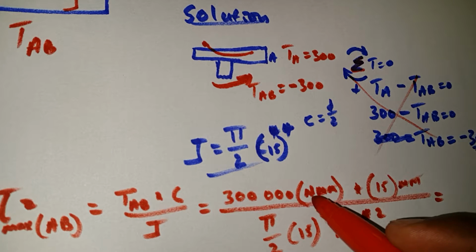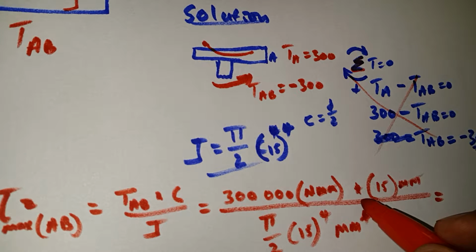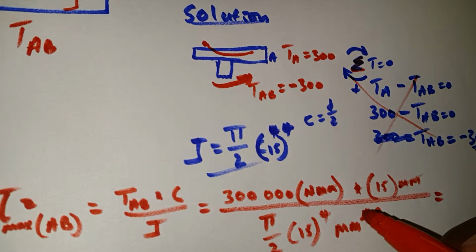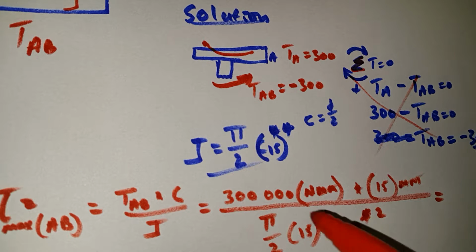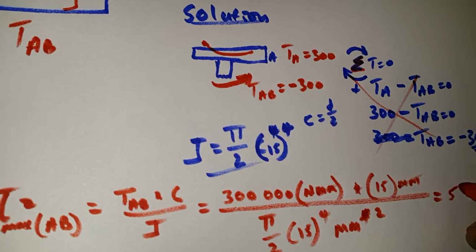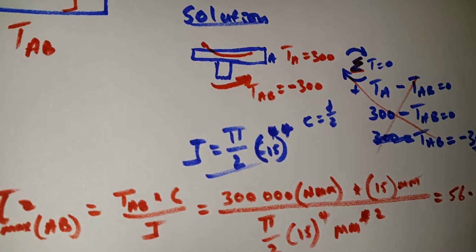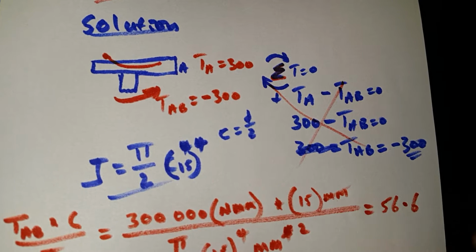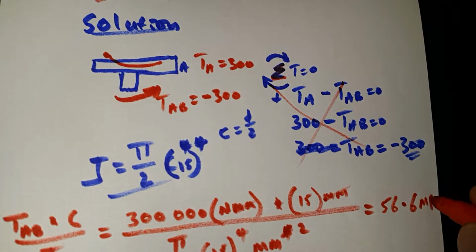Okay, so Newton per millimeter squared, I told you in chapter 1, is megapascal. So we will have our final answer 56.6 megapascal.